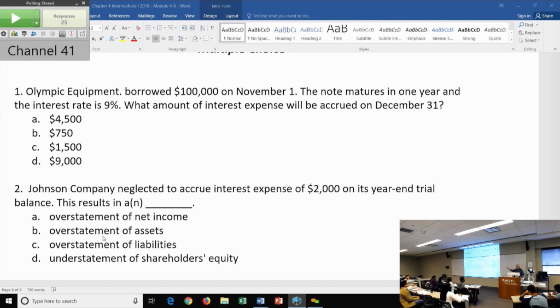And the journal entry would be to debit interest expense and credit interest payable. Any questions on that? It's an accrued expense.